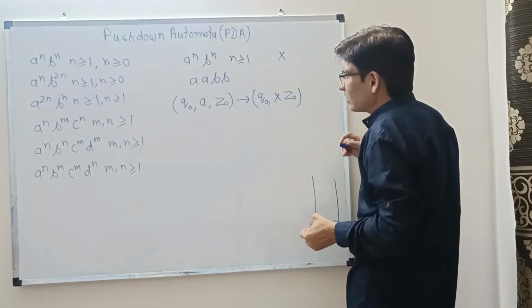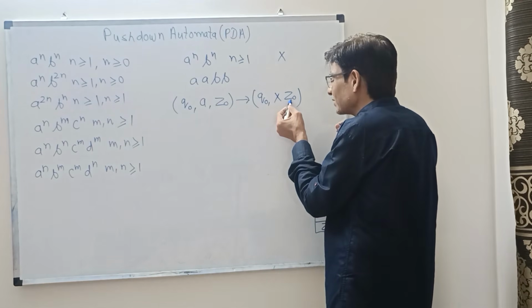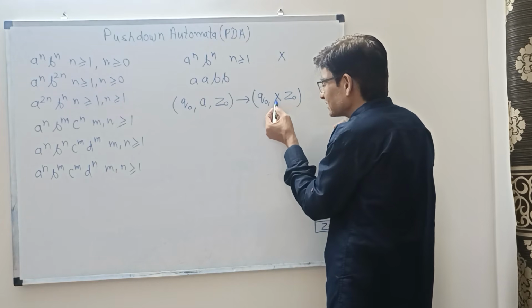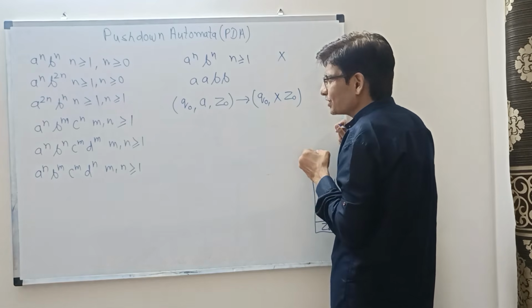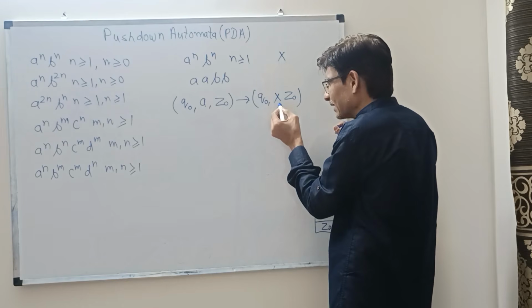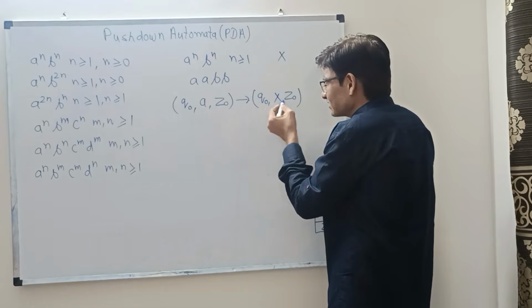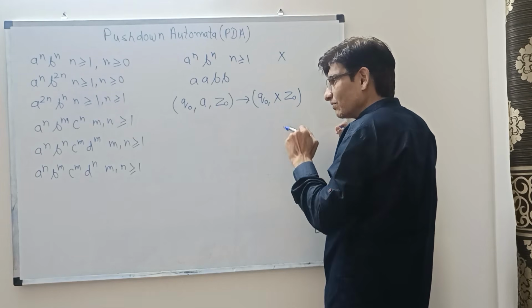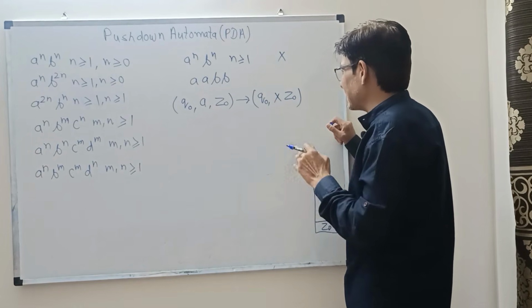Remember, friends, whatever the current stack top is, we will also write this on the right hand side, and along with this we will write the symbol that we want to push into the stack. So we want to push one X into the stack, so I have mentioned X here, along with the current stack top. That means whatever is there in the stack will remain the same, and additionally we are putting one symbol X there.